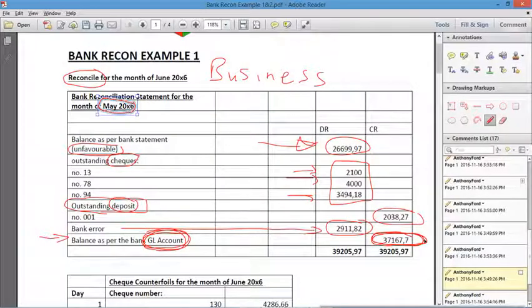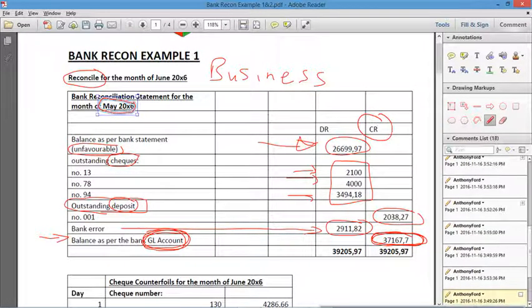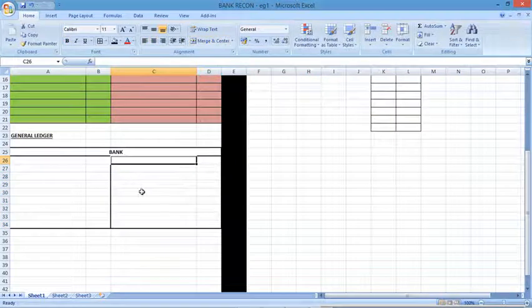So is this favorable or unfavorable? Favorable, no? It's credit, so unfavorable. Why? Whose books? The business's books. Then why was this one unfavorable? I'm confused then. That was different. That was the bank statement. Oh, this is the general ledger account. Got you.